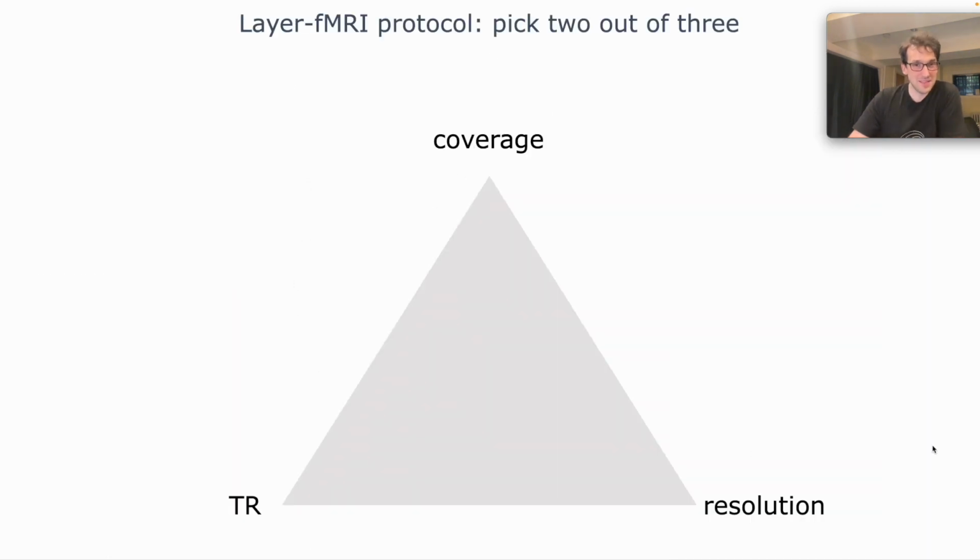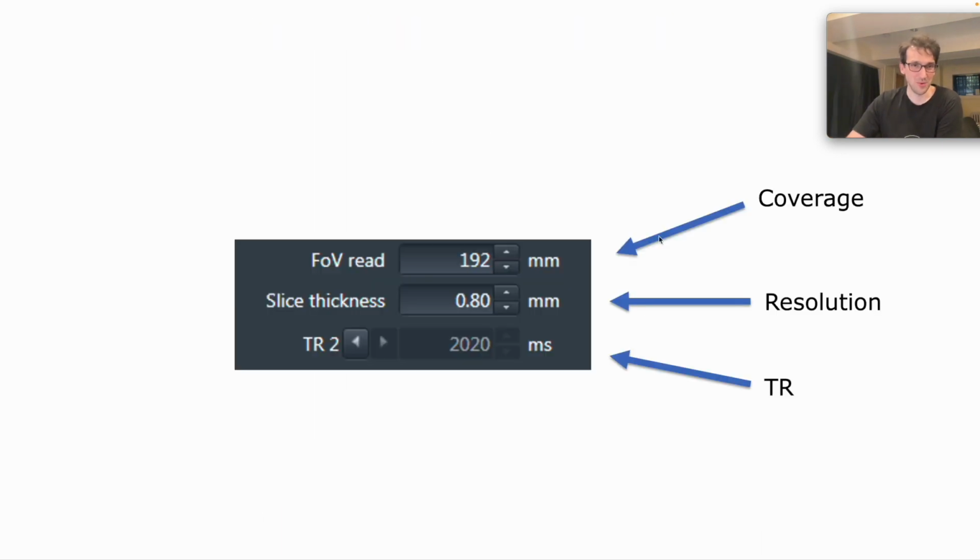So now that we have this triangle, let's see how we can move that to the scanner and choose our protocol. Because at the scanner, it looks easy that we have a coverage field and a resolution field and a TR. But unfortunately, it's more complicated than that. We can't just trade off these 3 parameters, because those 3 parameters depend on other things, and those depend on other things.